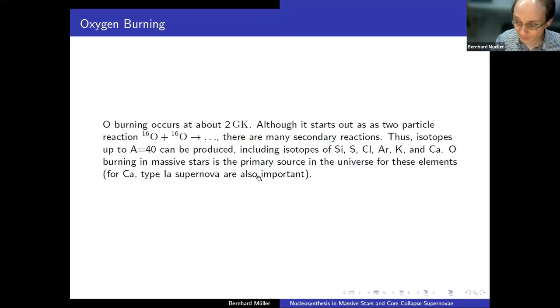The massive stars are the primary producers of these elements in terms of their contribution to the galactic inventory. For calcium, thermonuclear explosions also contribute quite a bit.